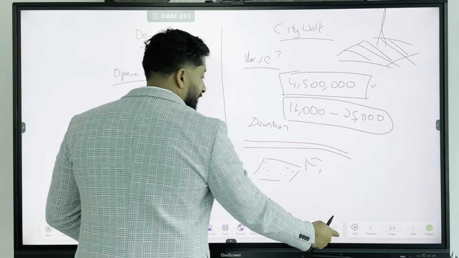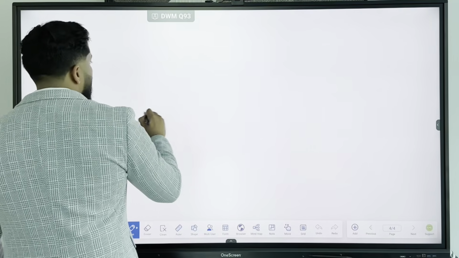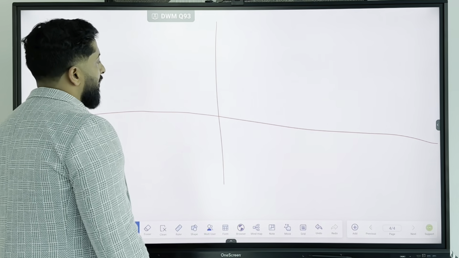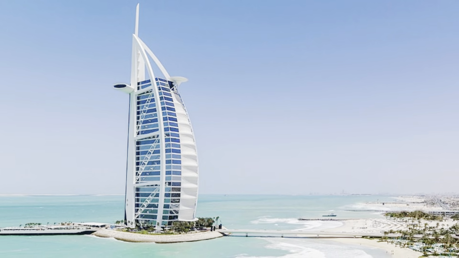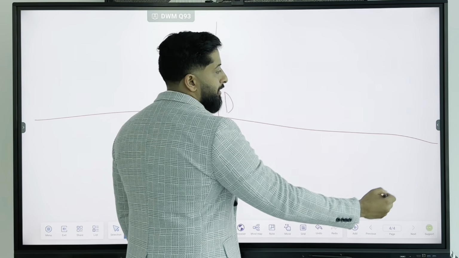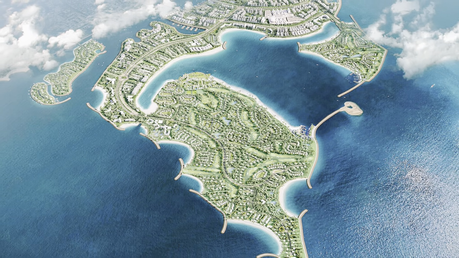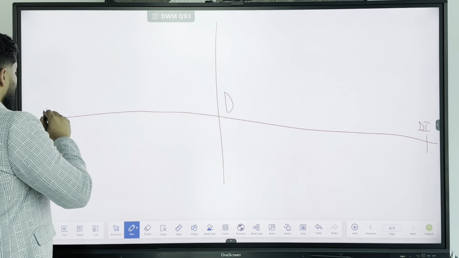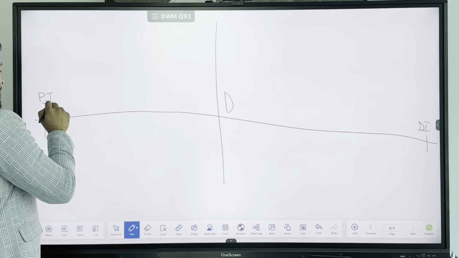Now, let's understand the coastline. So, if this is the coastline, and we're going to do a break at, let's say, Burj Al Arab. It starts with Dubai Islands over here, and over here, I hope you can see, it's Jebel Ali.